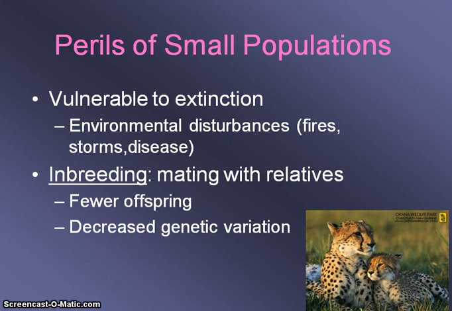There's also a higher likelihood of inbreeding, or mating with relatives, which can result in fewer offspring being born, and also decreased genetic variation, which, as we know from our genetics unit, can increase genetic disorders. So maybe not having as healthy offspring as well. That can be an issue with very small populations.